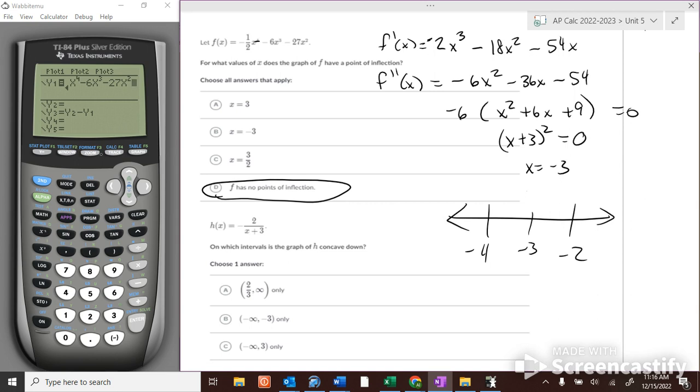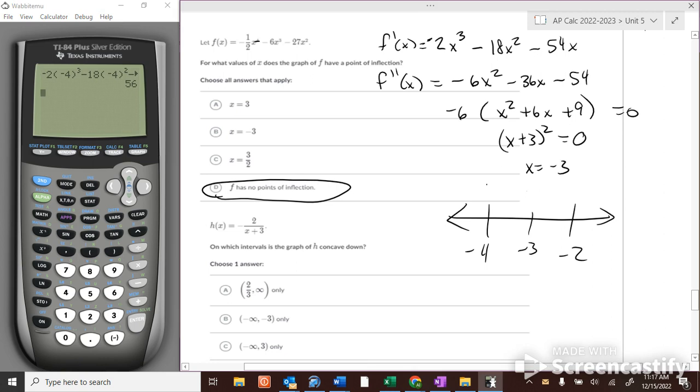If we put -4 into the second derivative, we get -2 times -4 raised to the third power minus 18 times -4 raised to the second power minus 54 times -4.